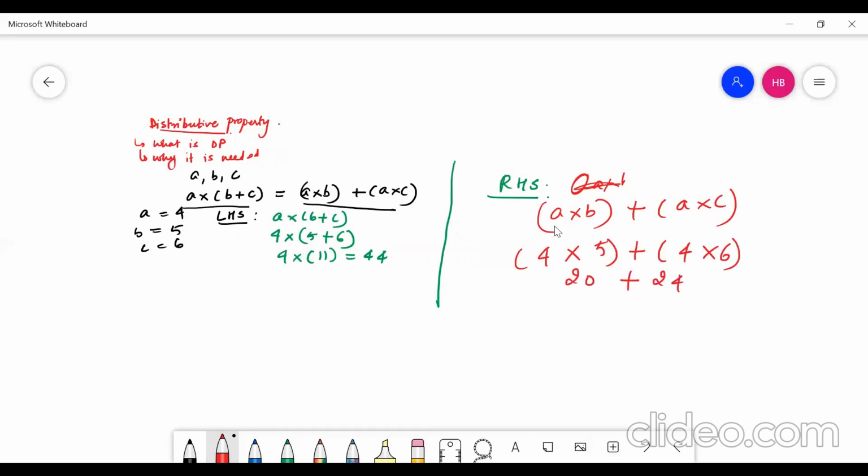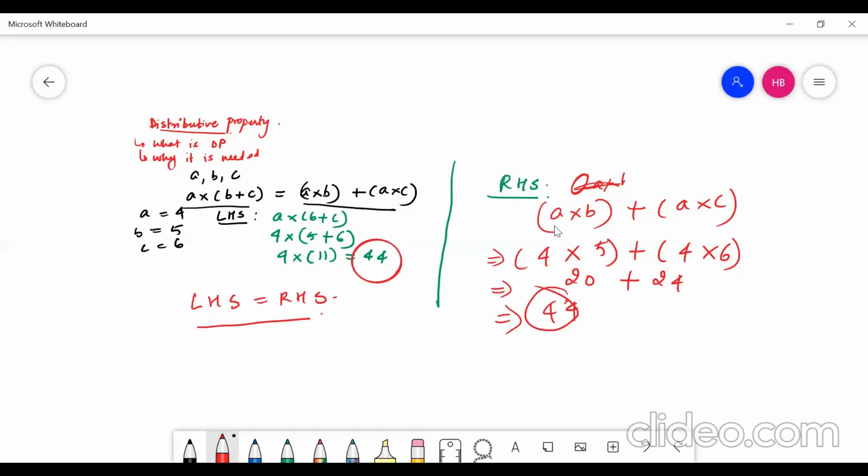So if I add this, it will give me 44. So I proved LHS is equal to RHS, because this is also 44, this is also 44.